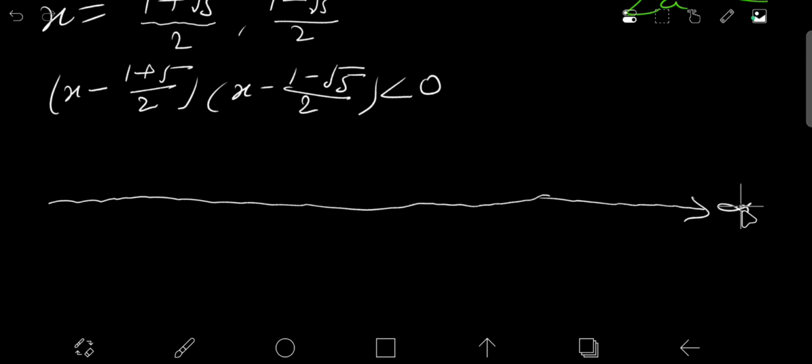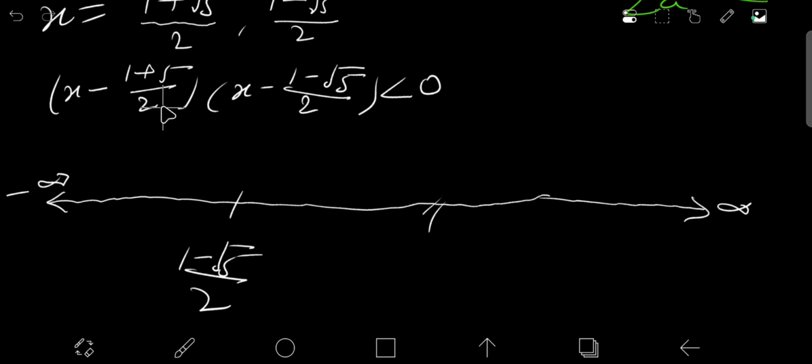This side is plus infinity and this side is minus infinity. 1 minus square root 5 divided by 2 is the smallest value, and on this side we take the root 1 plus square root 5 divided by 2.